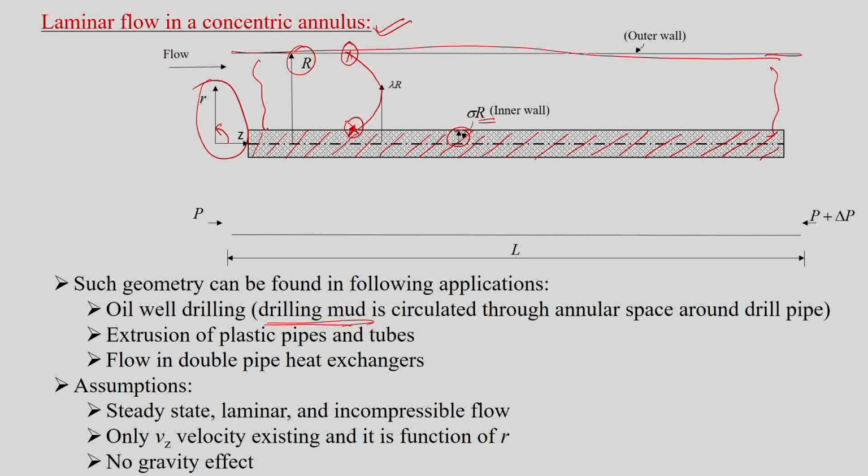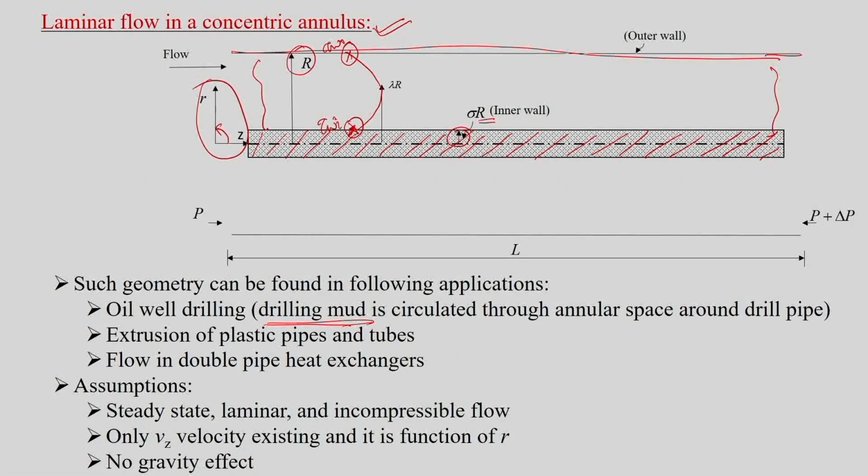Both at the inner pipe wall as well as the outer pipe wall, the velocities are 0. So, here tau wall has some value, and here also some value, let us say tau wo. The maximum velocity, where it occurs in this annular space, we do not know.